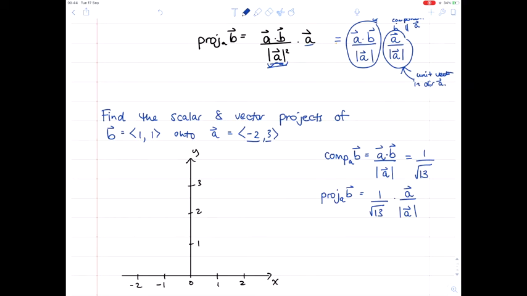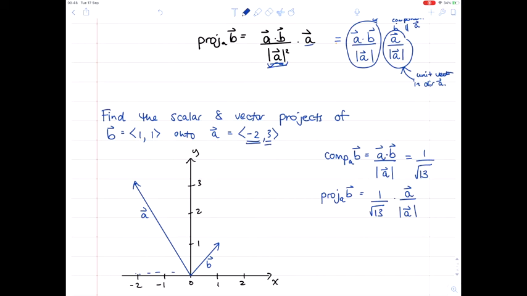So our vector A is minus 2, 3. So we go minus 2 in the x direction and 3 in the y. So if we start from the origin, our vector A looks like that. And our vector B looks like 1, 1. So our vector B, starting from the same point, looks like so.